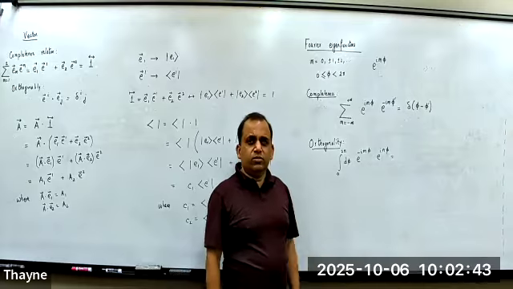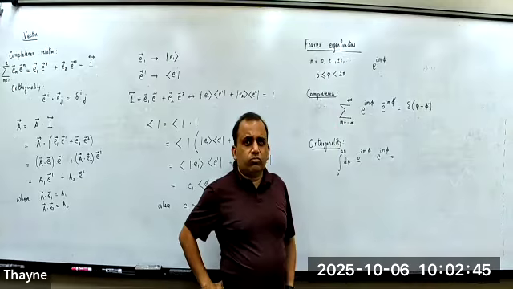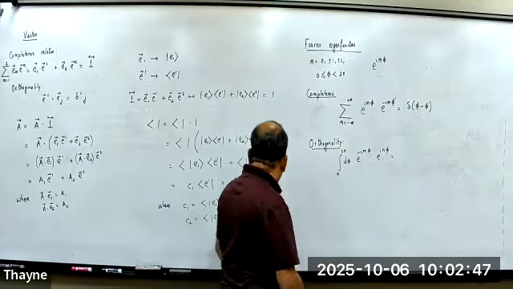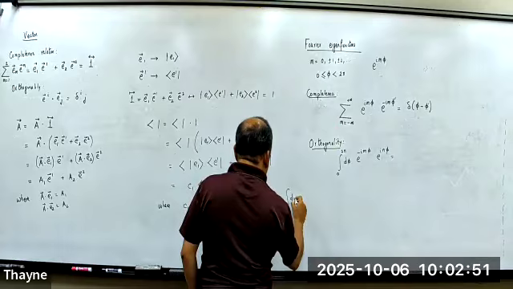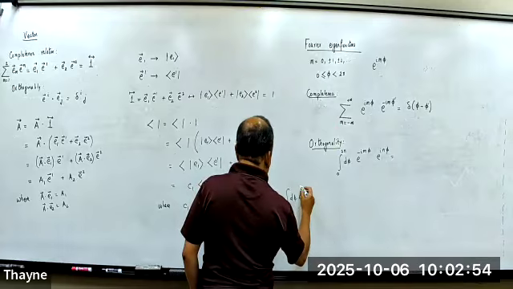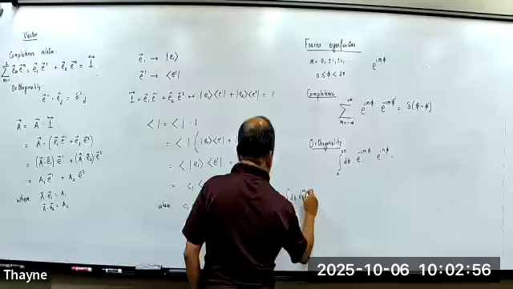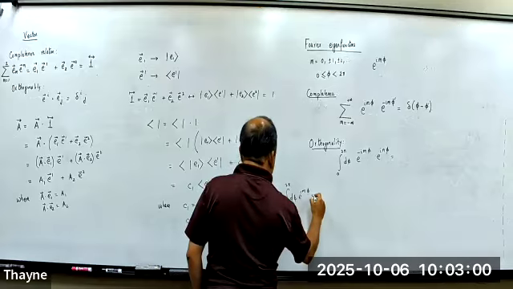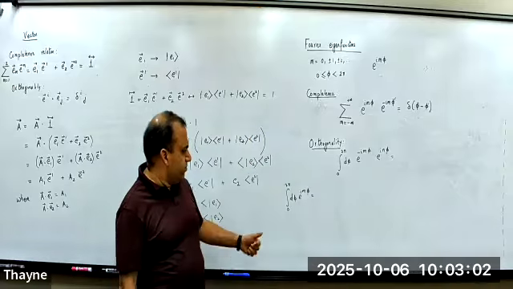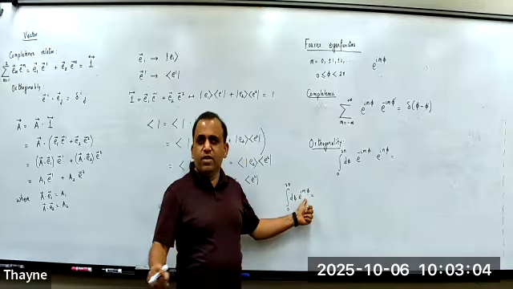What is that equal to? Let's do this: d phi e raised to i, think of an integer n times phi. How much is that equal to? For any m can be integers.